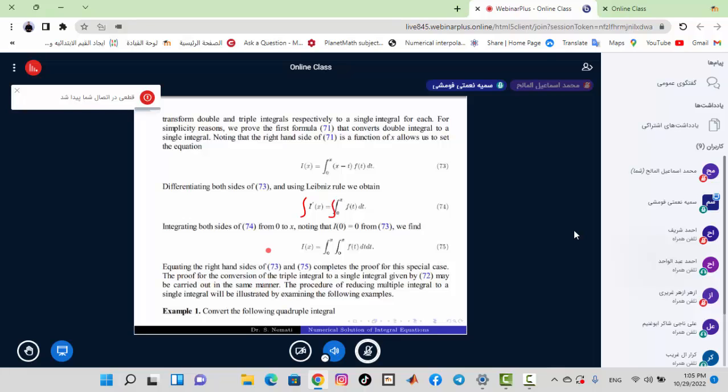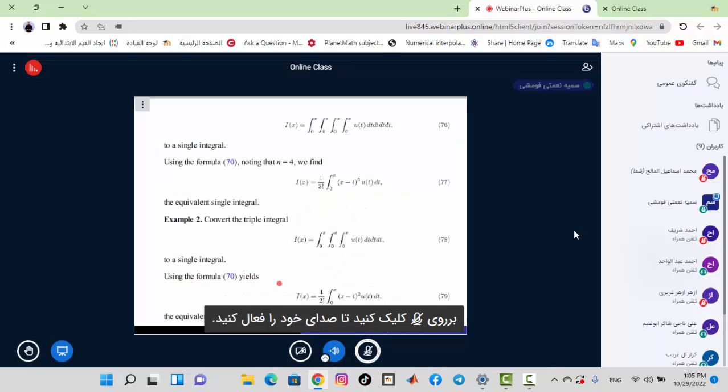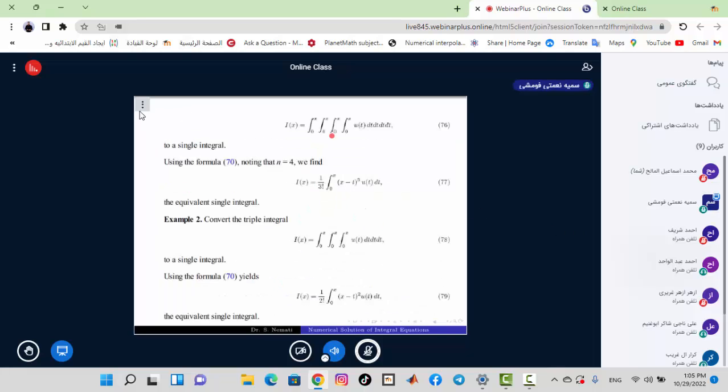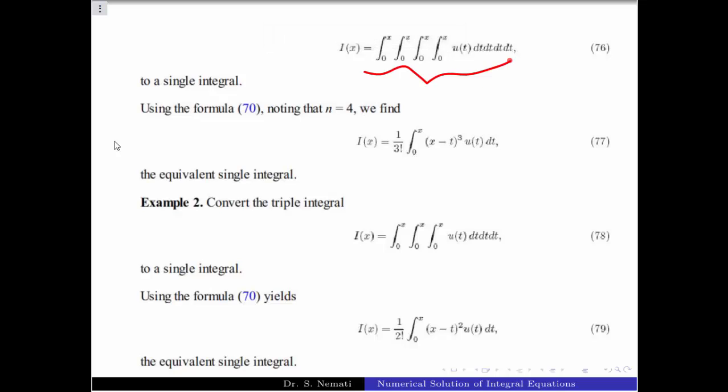Okay, now we want to use this formula to convert initial value problems to their equivalent integral equations. Before that, we first have some integrals that we want to obtain the equivalent relation for using the general formula.